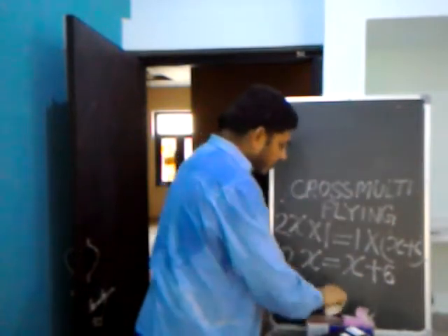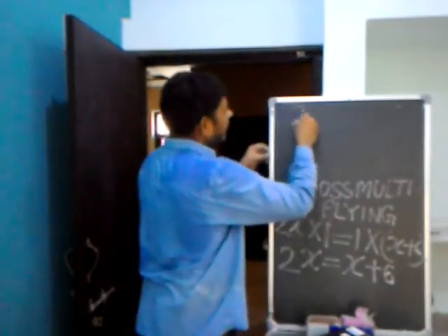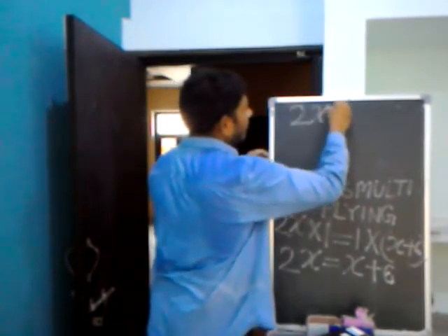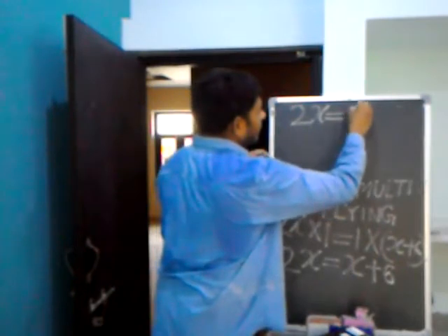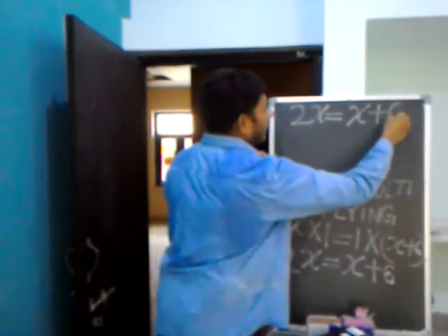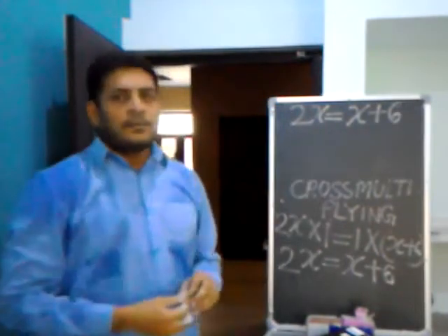Now what will I do? First of all, let's write it here. 2x is equal to x plus 6.